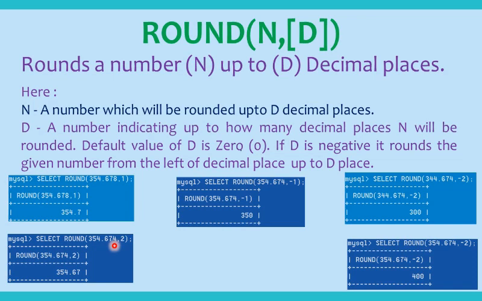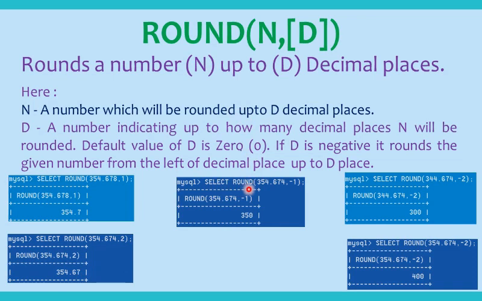It means this 7 will remain as it is, means it will not be increased. I repeat, if the digit which is being removed, or first digit out of 2-3 digits which are being removed, is 5 or more than 5, the previous digit is increased, otherwise it remains same. Here it is 4. 4 is less than 5, so it remains as it is, 6, 7. So we get output 354.67.